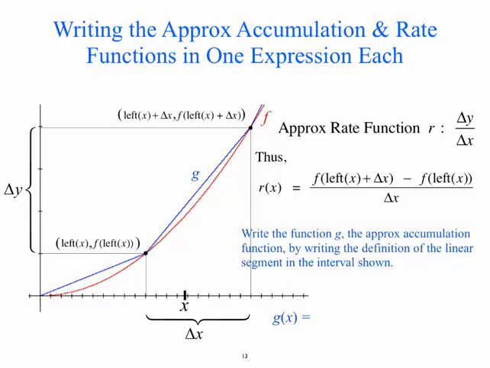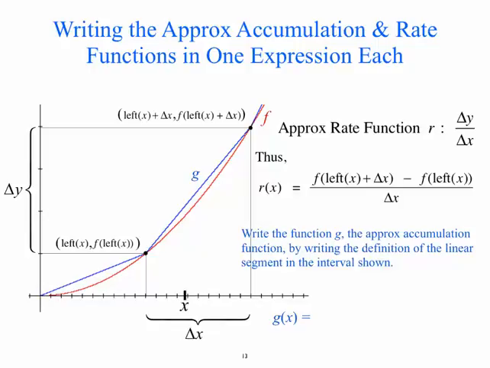Goes back to this. Our g of x is defining every y coordinate. So it's going to be y initial plus the change in y. What's y initial? Not left x.